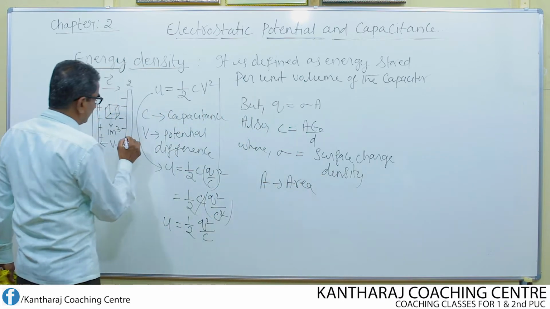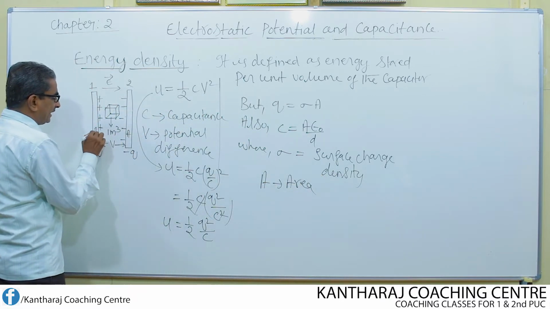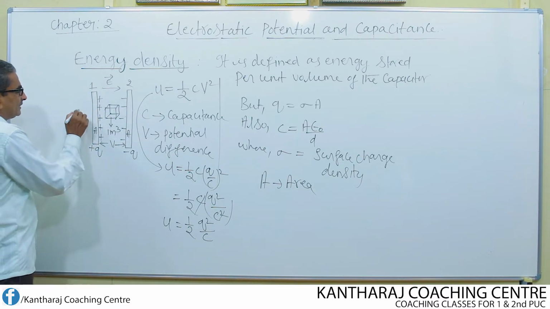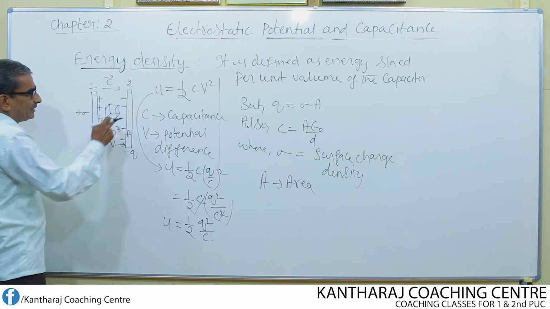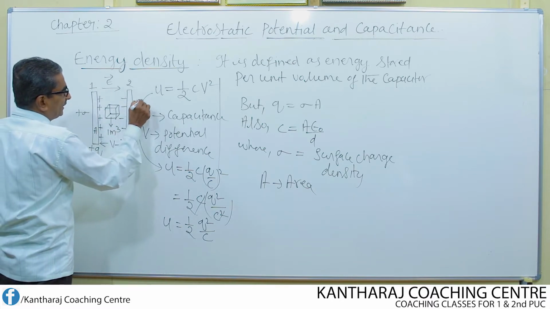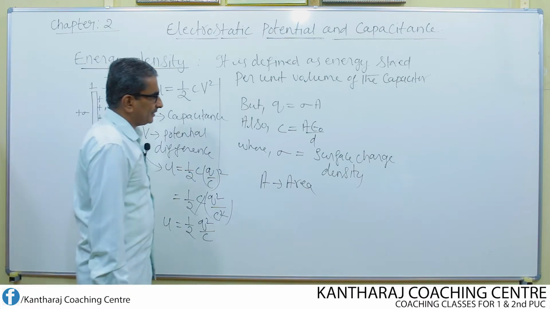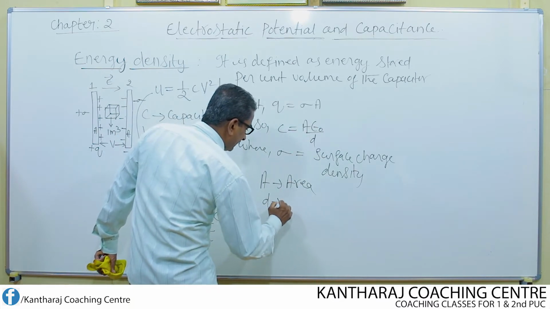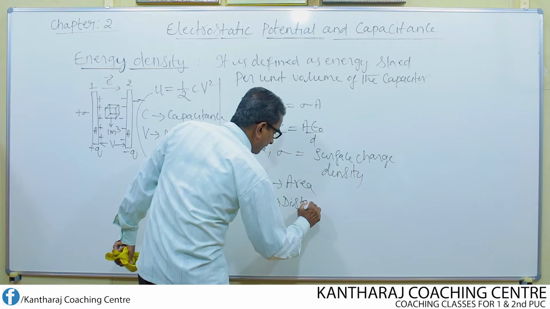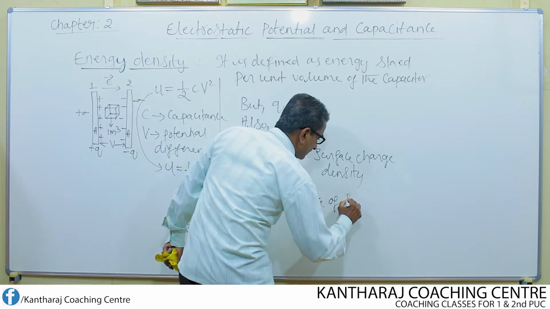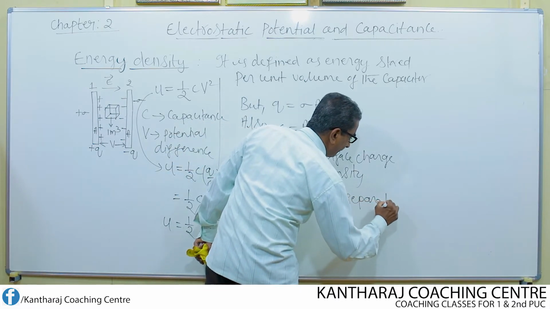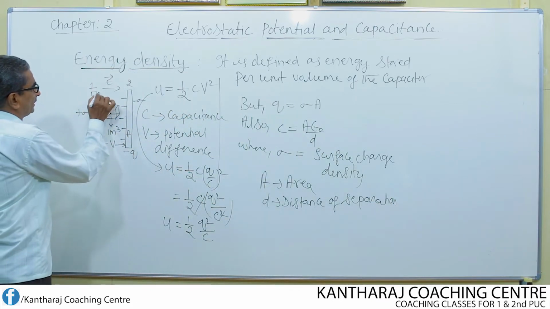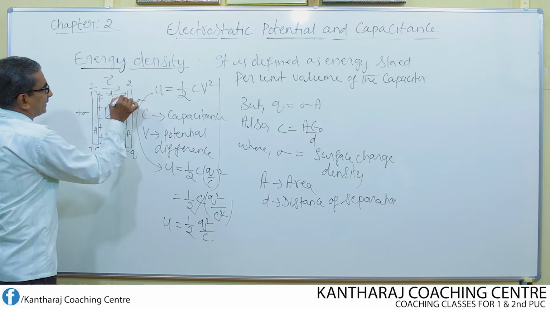On plate 1, the surface charge density is plus sigma, and on this plate it is minus sigma. D is the distance of separation between the two plates.